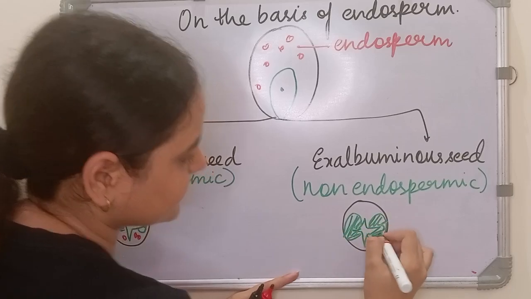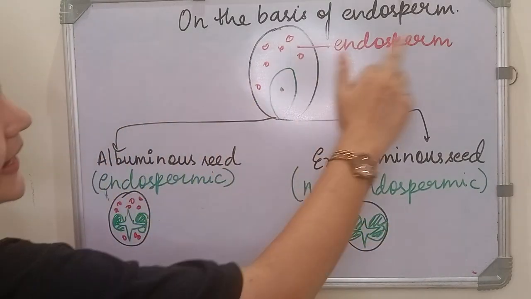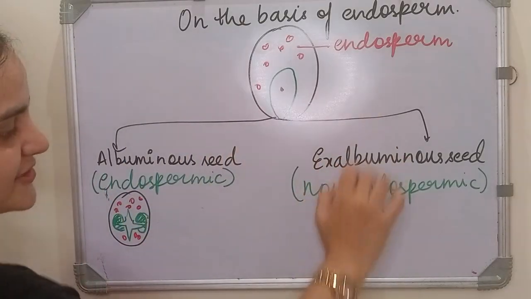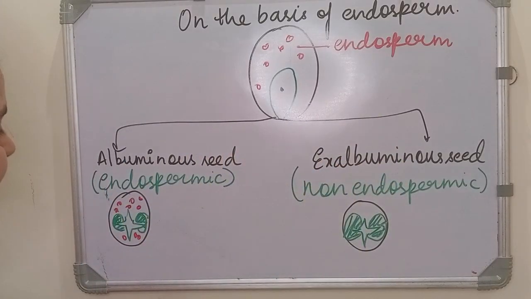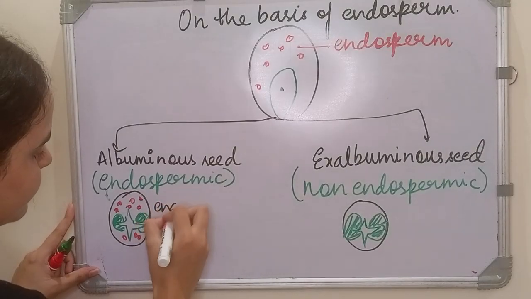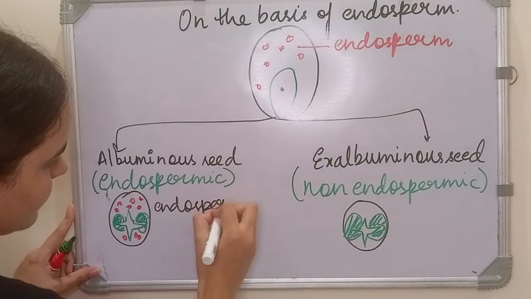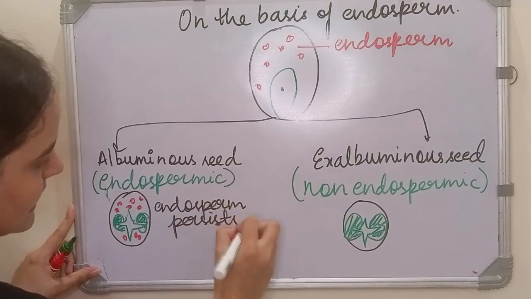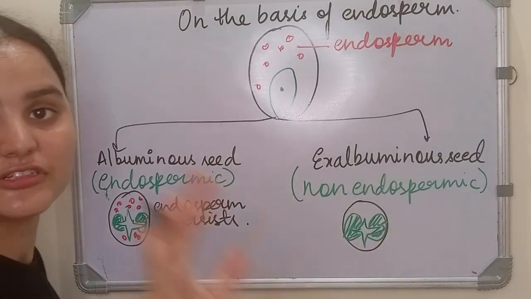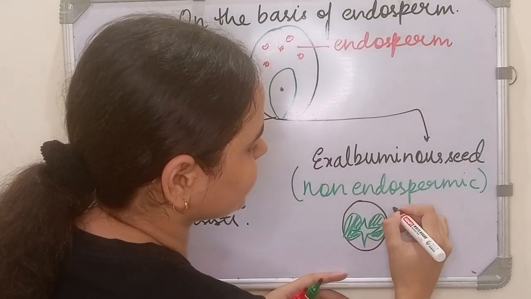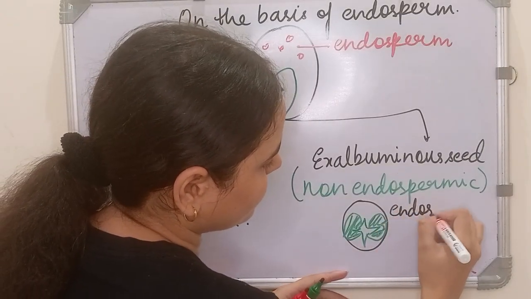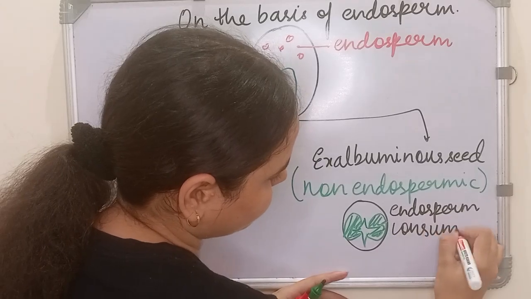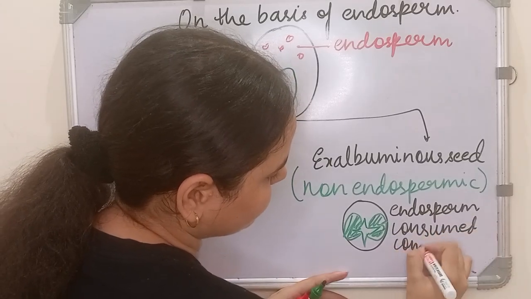These are the cotyledons, and here the endosperm has been consumed completely by the embryo, so endosperm is absent. So let's write it here, endosperm persists, and in this case endosperm consumed completely.